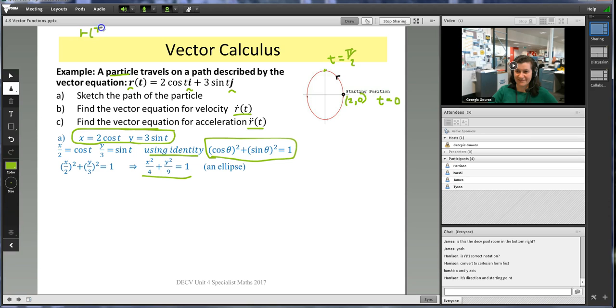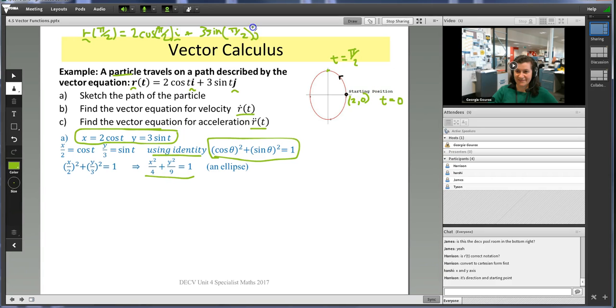For that one, r of pi on 2, that's going to be 2 cos pi on 2 i plus 3 sine pi on 2 j, which is going to give us this point up here, which is 0, 3. So we know the starting point and we know the direction is going to be anti-clockwise for this object.